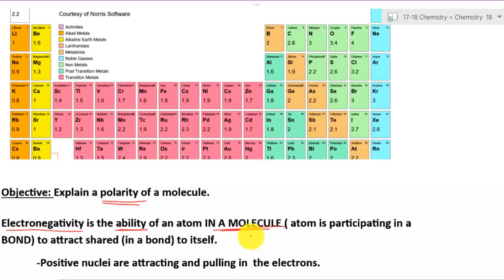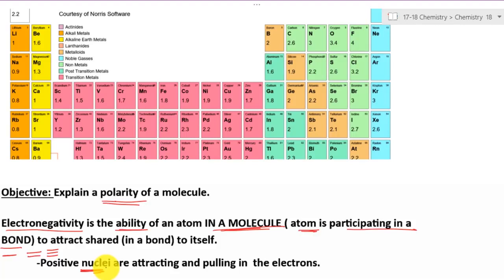This particular atom participates in a chemical bond, so it is bonding with another atom, and we know that there are single bonds, double bonds, and triple bonds as well, okay? Because in a chemical bond, those electrons are shared, and each atom has its own ability to attract those electrons.